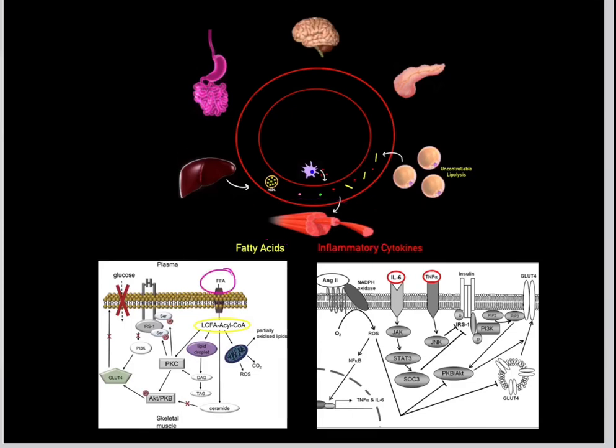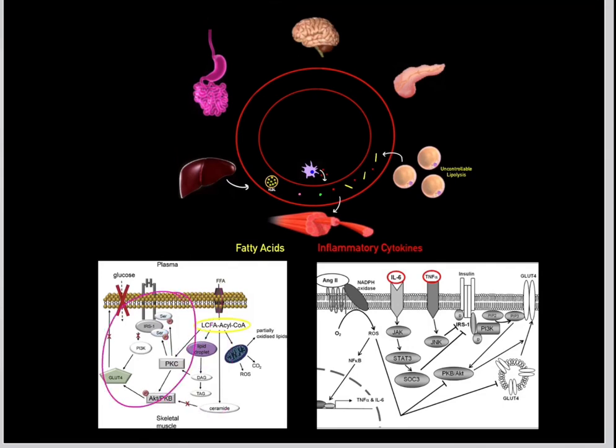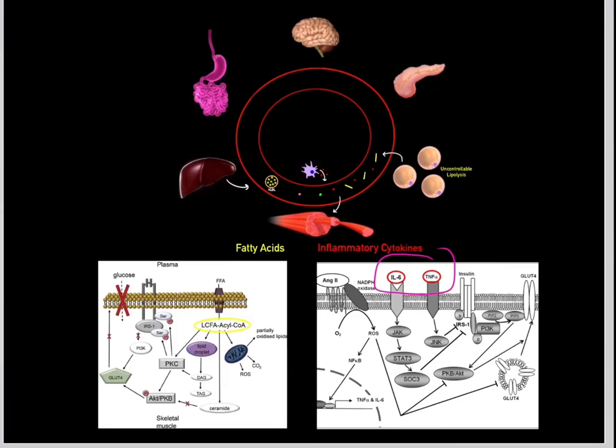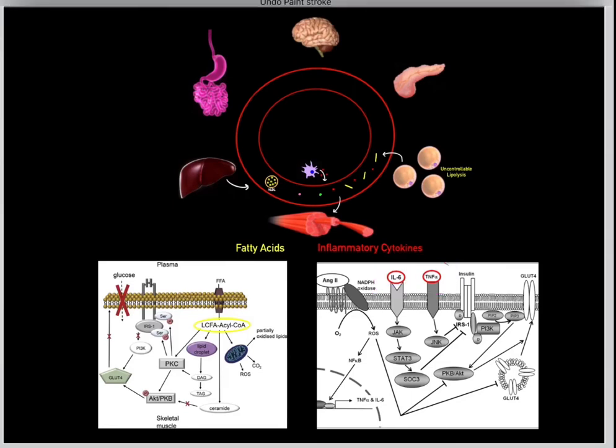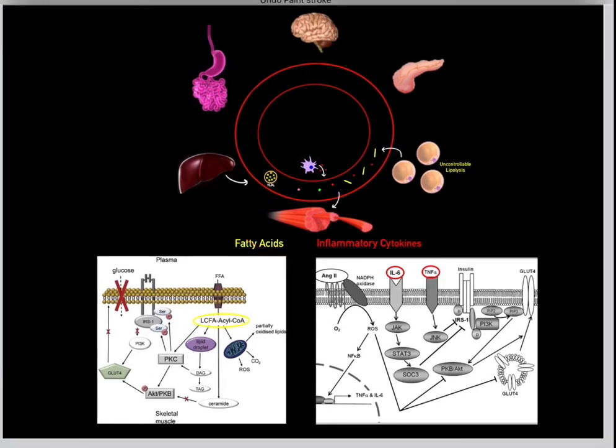For example, these free fatty acids, through different mechanisms, form these lipid intermediates which lead to skeletal muscle insulin resistance, inhibiting this insulin pathway. And also those same two inflammatory cytokines, IL-6 and TNF-alpha, through different mechanisms, lead to insulin resistance in skeletal muscle. So this is the perfect storm for having insulin resistant skeletal muscle.